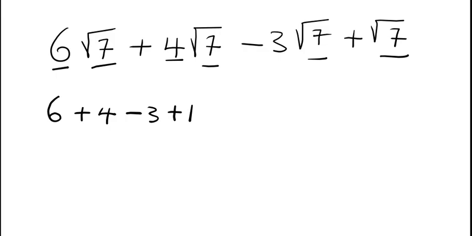Here we have an invisible 1. 6 plus 4 will give you 10. 10 minus 3 will give you 7. 7 plus 1 will give you 8. Therefore, we have the answer as what? 8 root 7.